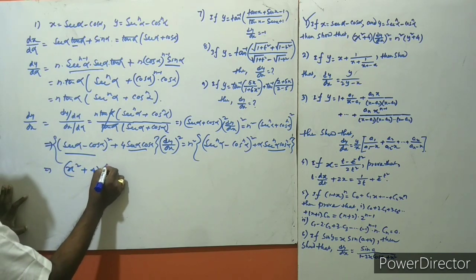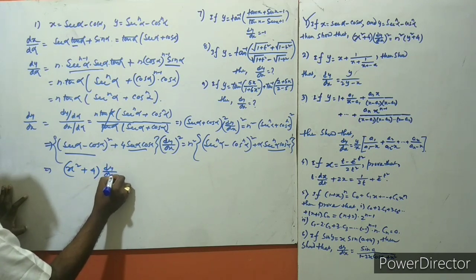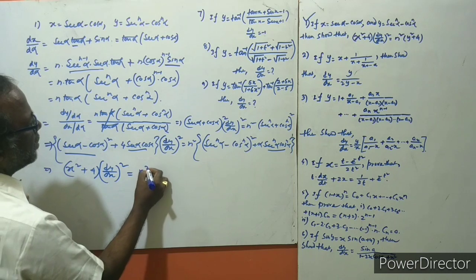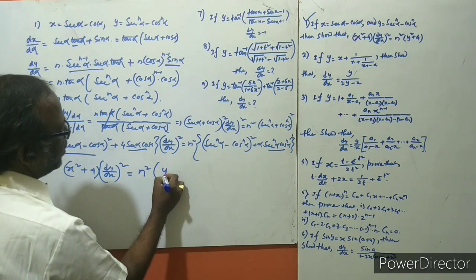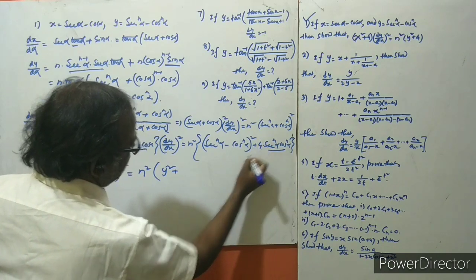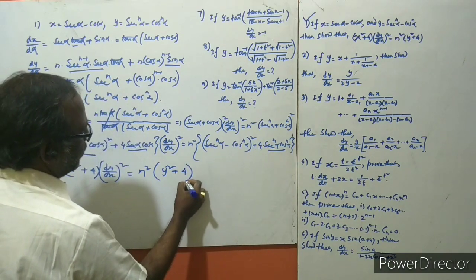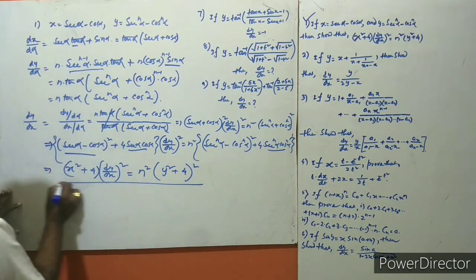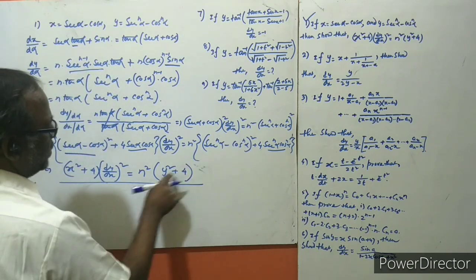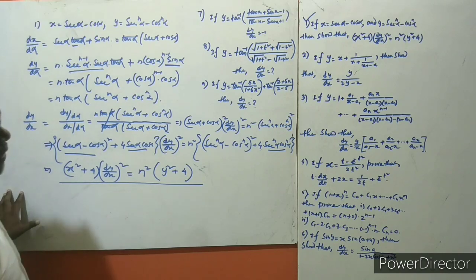This is 1 here. So dy dx whole square is equal to n square, that is y square, so this is 4 plus 4 whole square. Oh no, this is not a square here. This is the square of y. So it's proved.